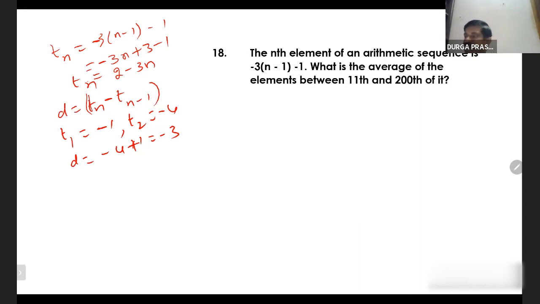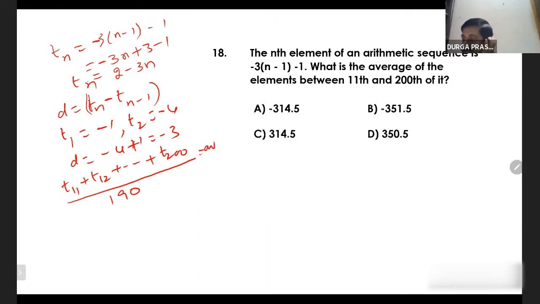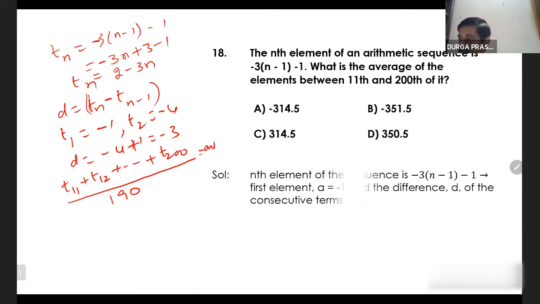What is the average of the elements between the 11th and 200th term? He is asking to find T11 plus T12 plus so on up to T200, divided by 190, because the number of terms is 190.